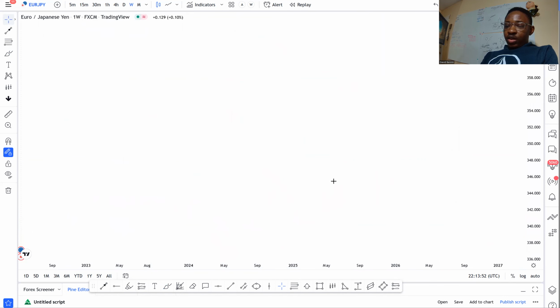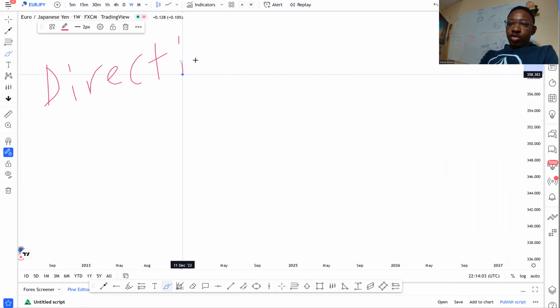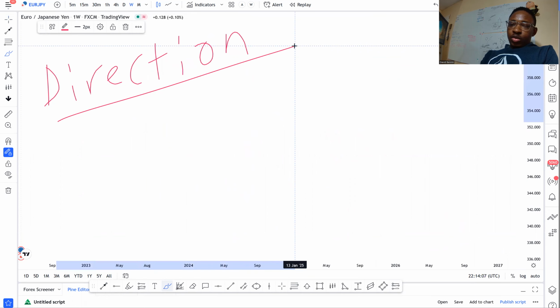So when you are trading, what are you basically doing? Your role as a trader is to determine the direction of the market. If you know the direction where the market is going to, then you would make money. So if you have to analyze to see which of the two teams is stronger or in control, then you back them.